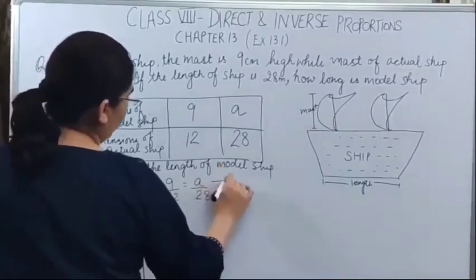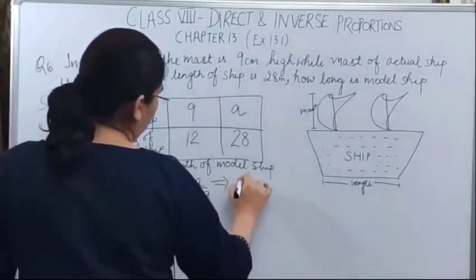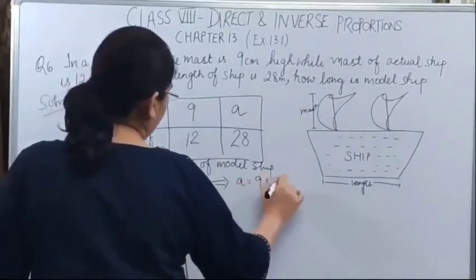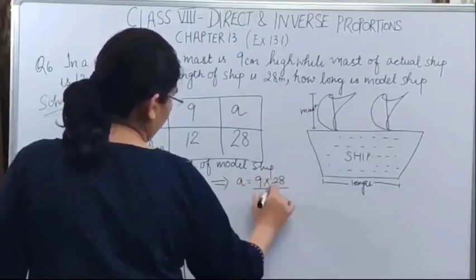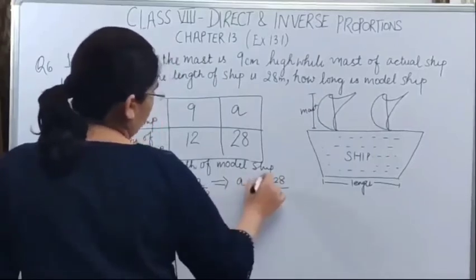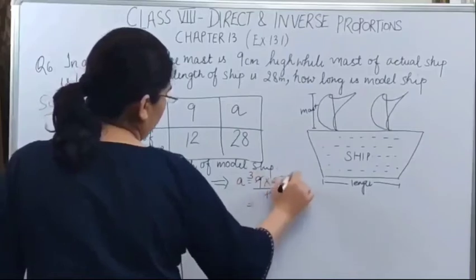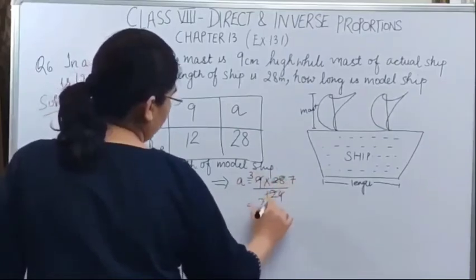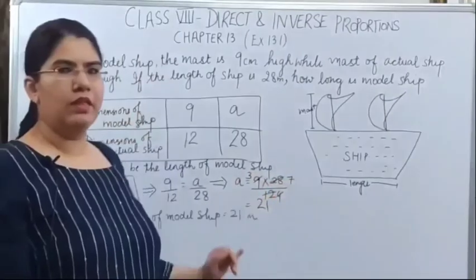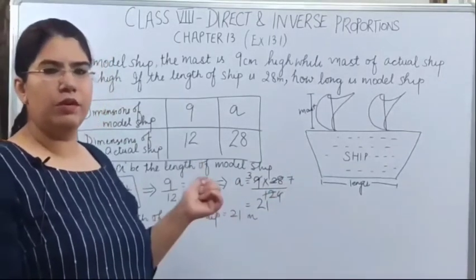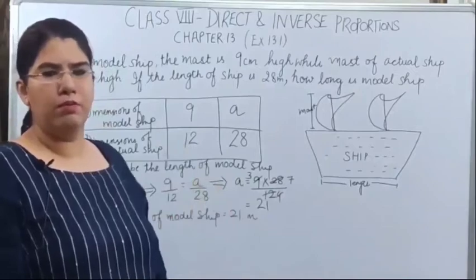Now you just have to simplify this. A equals 9 into 28 by 12, so 21. Length is 21 meters. If this is clear to everybody, can we move to the next problem?